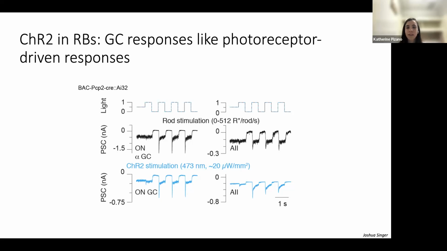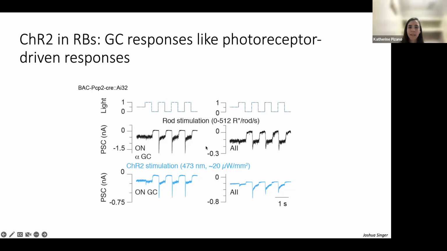And as you can see, similar to stimulating the rod bipolar cells with real light, when you use channelrhodopsin, you can drive comparable responses in both the A2s and on ganglion cells. So this proves that we can stimulate these rod bipolar cells. And from here, we can use this method to then ask further questions on how the signal is being transformed in the pathway.